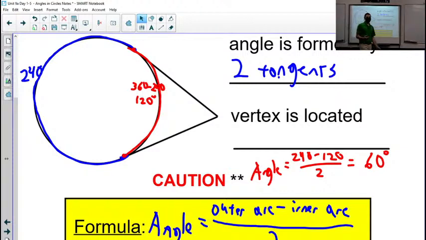So now we're going to make things a bit more complicated. There are going to be some equations involved here. So now we're moving to the back page.